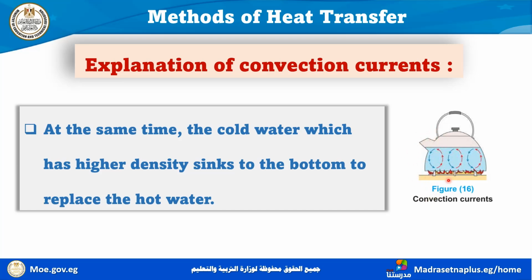So when we heat a liquid, like here in the figure, the particles at the bottom begin to gain thermal energy. So they become hot, they move faster, and their density becomes lower. They move up and are replaced by cold particles that have higher density and move down.